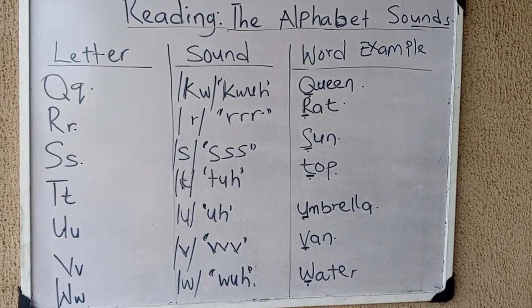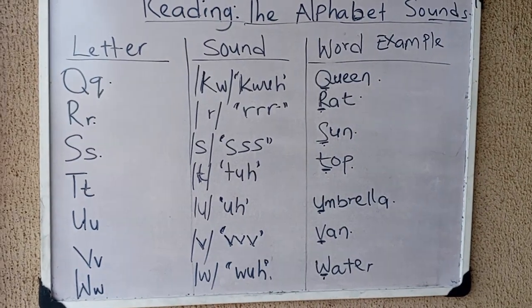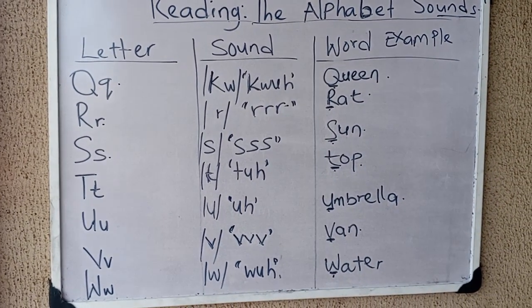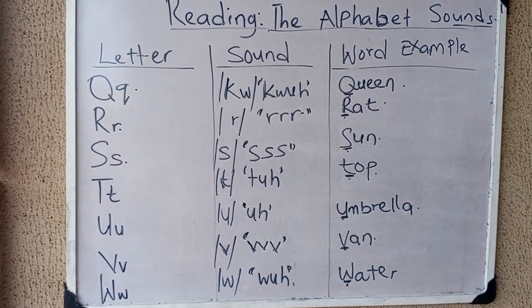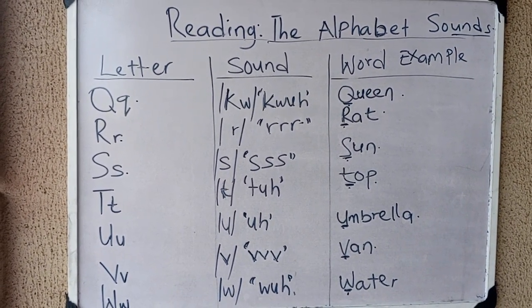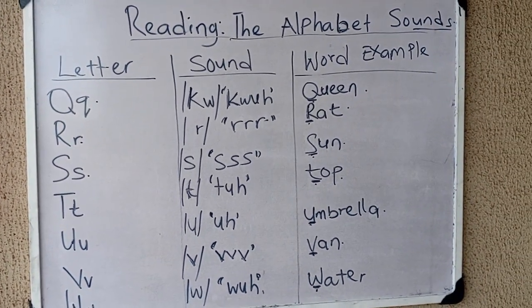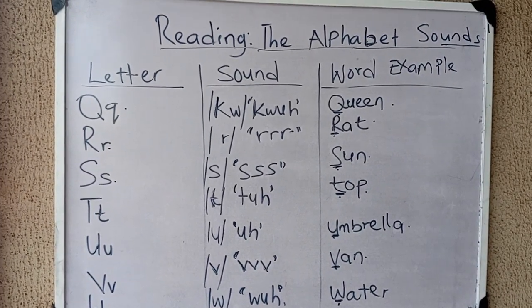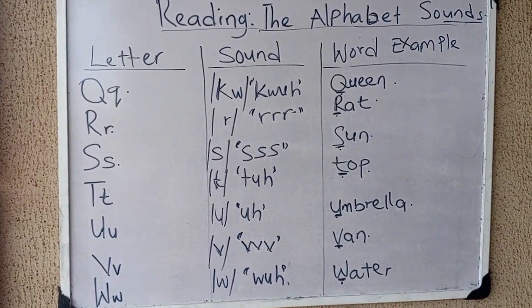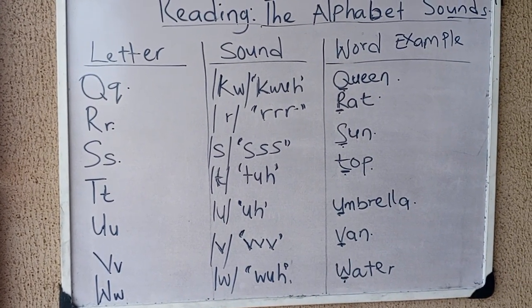In this word example we have here, we have umbrella. You will not pronounce it as you-mbrella. No, that's why the sound is produced as uh-mbrella. All right, umbrella. Again, umbrella.